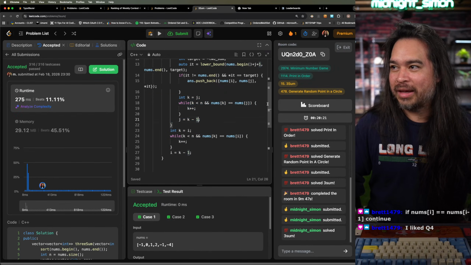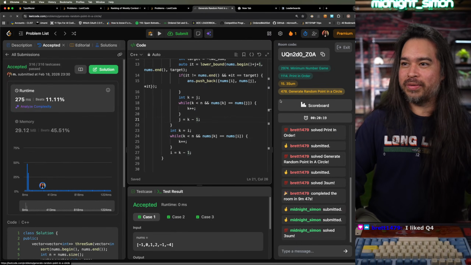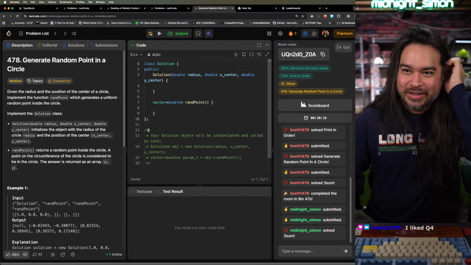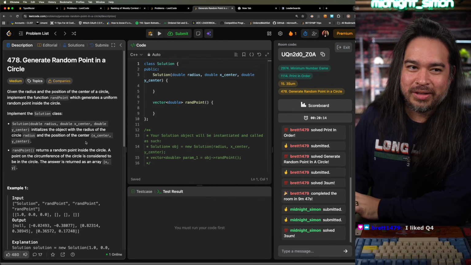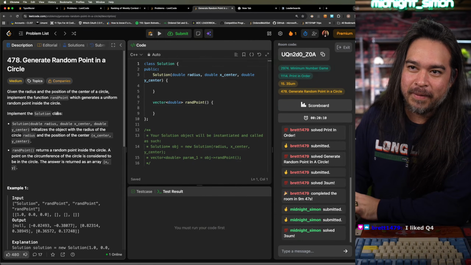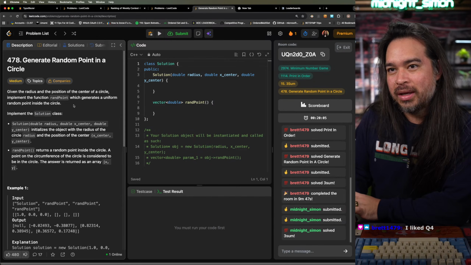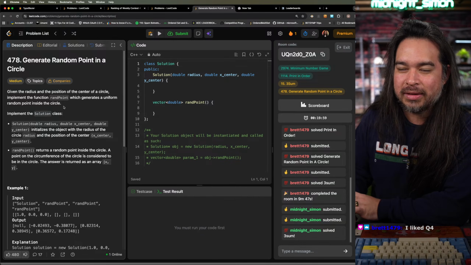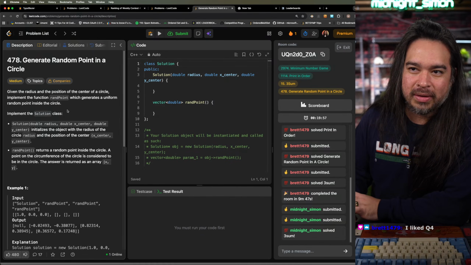I like Q4. All right, let me try and do Q4. Generate random points in a circle. Dang. It's geometry or trigonometry or whatever. Let me see. Given this radius and the position of the center of a circle, implement the function randPoint, which generates a uniform random point inside the circle. Implement the solution class.